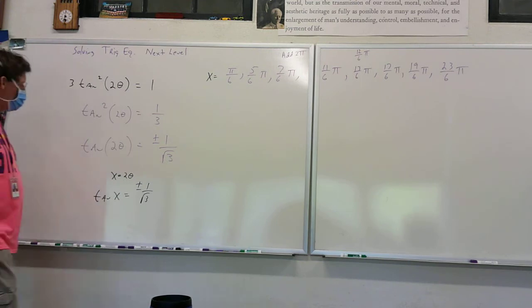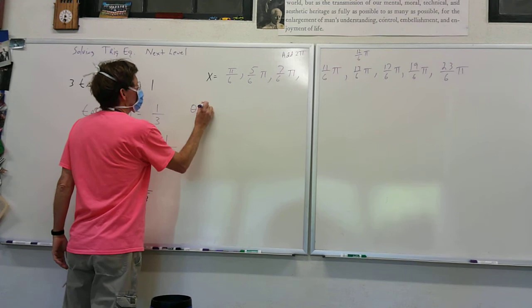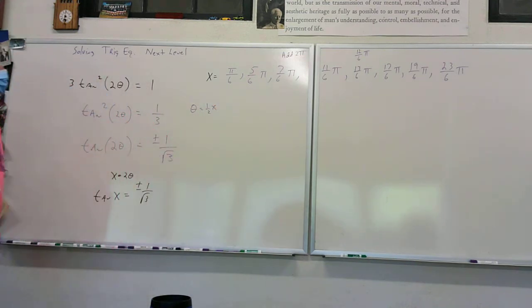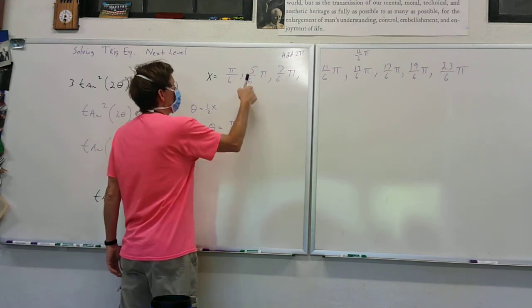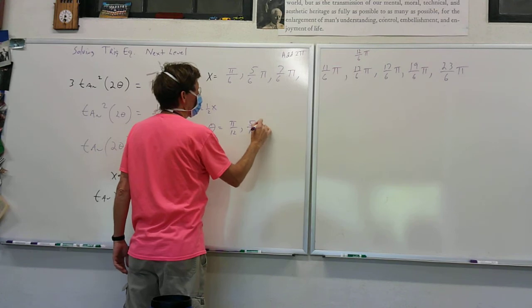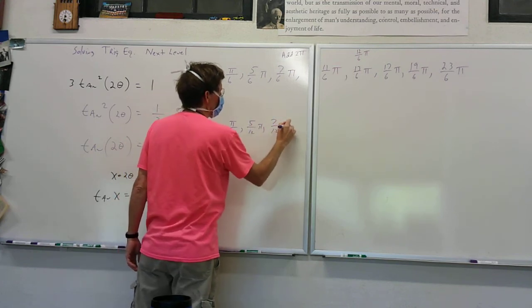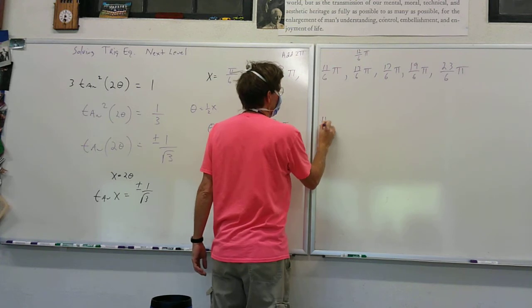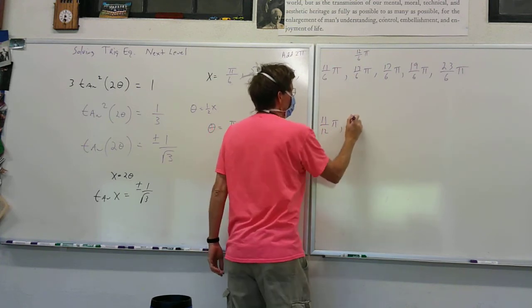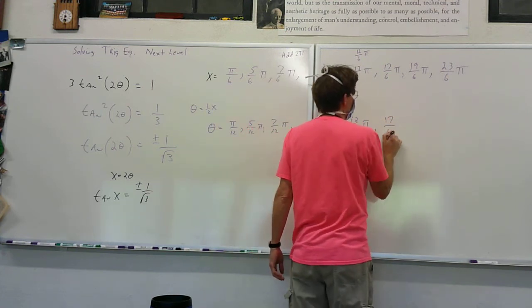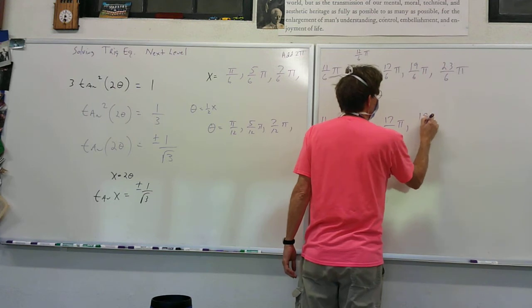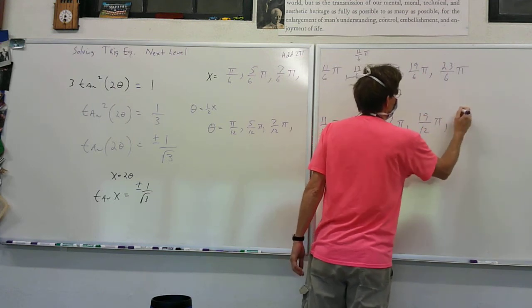Okay, let's find out what theta equals. Theta equals half of x. It should be pretty easy to take half of all those, shouldn't it? So theta is going to equal pi over 12, 5 twelfths, 7 twelfths, 11 twelfths, 13 twelfths, 17 twelfths, 19 twelfths, and 23 twelfths.